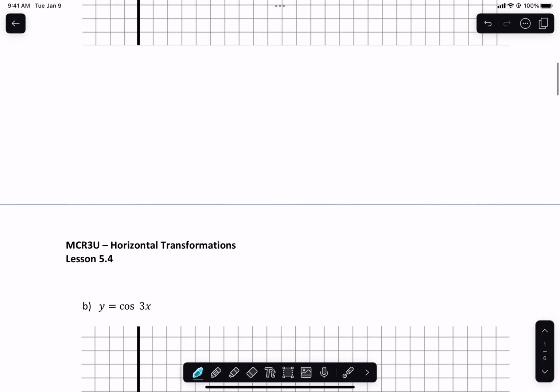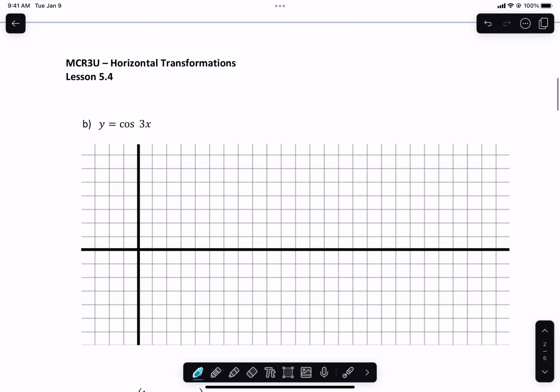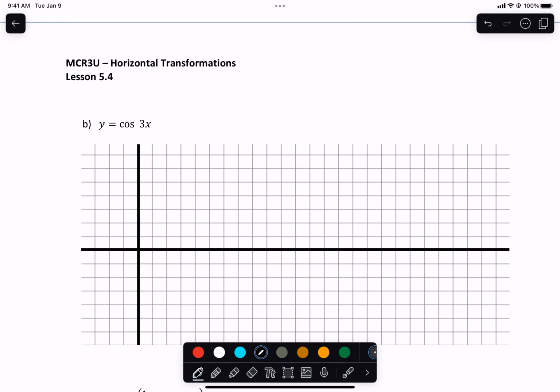Okay, let's go to the next one. We might have to think about how we're counting here. If I were to describe this, what would this be? Yep.